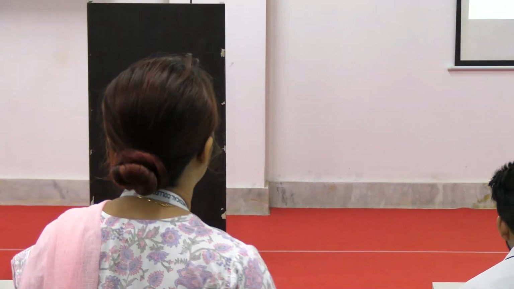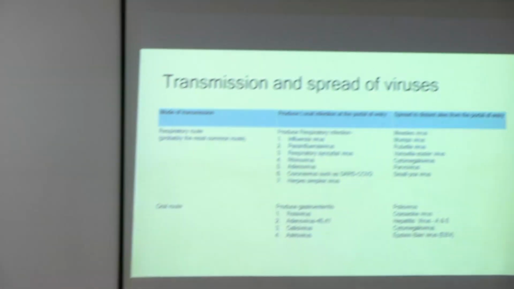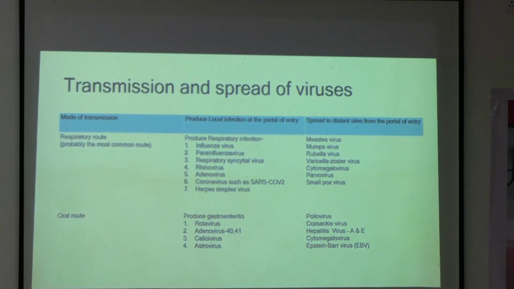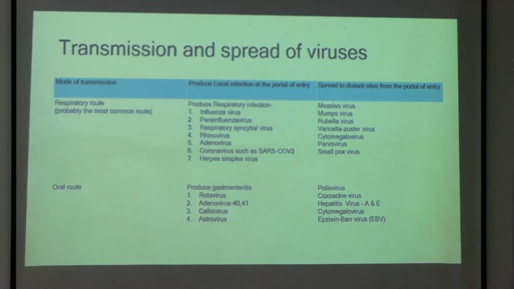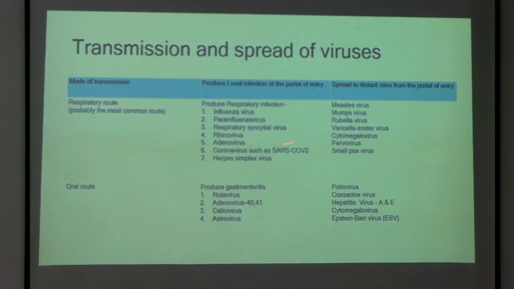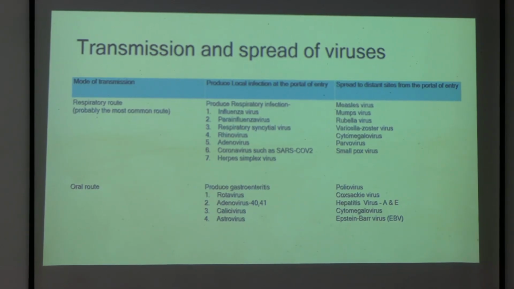Then mumps. How does a patient with mumps present? Enlargement of the neck. But the mode of transmission for mumps is the respiratory route. Am I clear? You have to know all this.